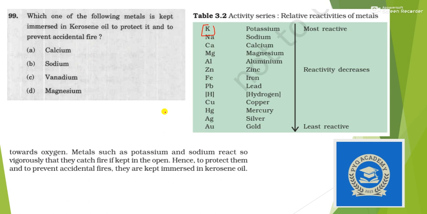In this chapter, metals and non-metals, you will find that metals such as potassium and sodium react so vigorously that they catch fire if kept in the open. Hence, to prevent accidental fire, they are kept immersed in kerosene. Here potassium is not in the option, so answer will be sodium.